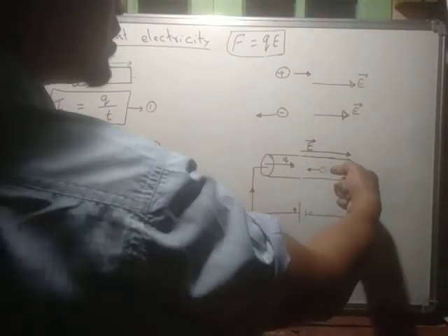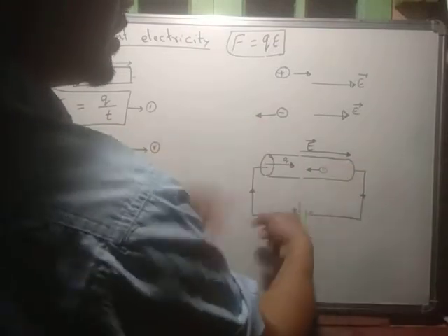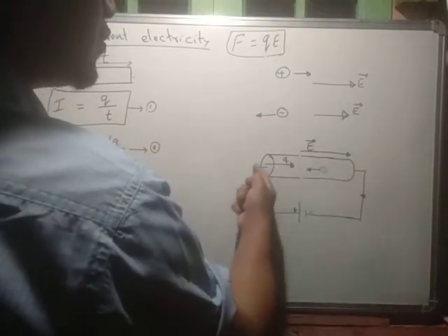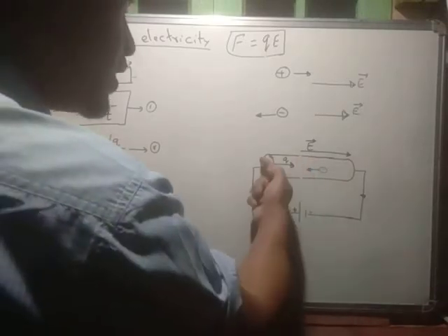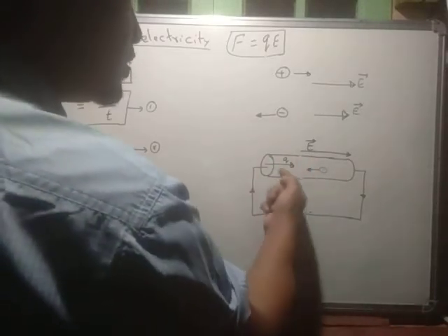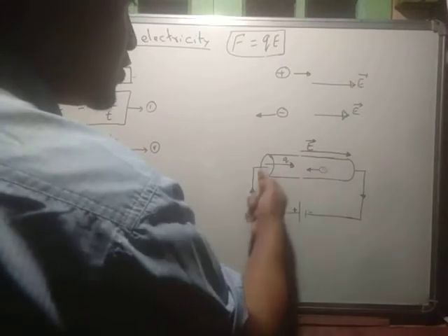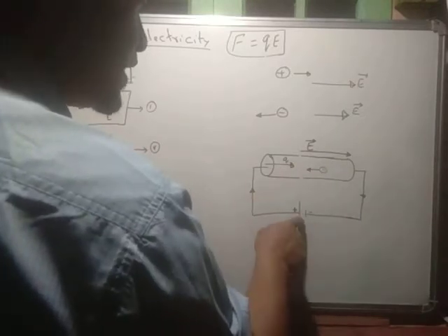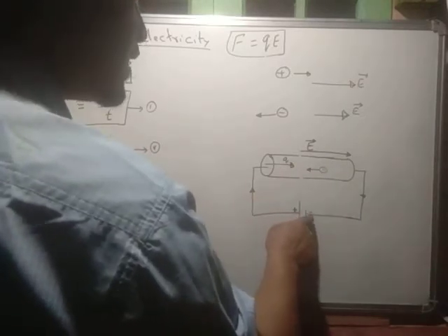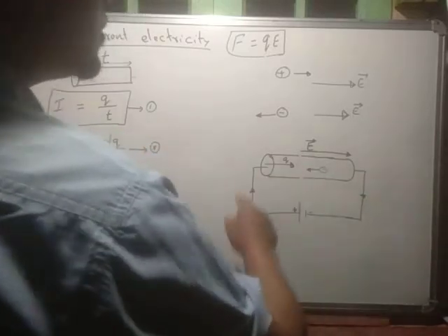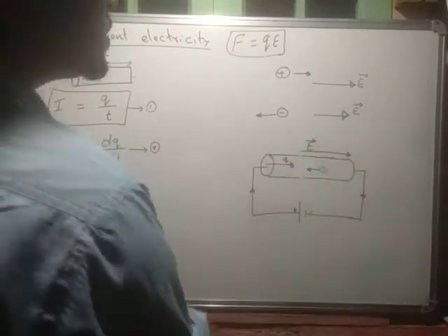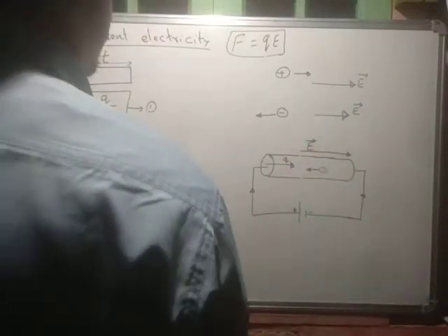So the electrons will be drifting towards the positive terminal of the cell. In this way, the electrons move from the conductor to the positive terminal, inside the cell from positive to negative, and again from the negative terminal back to the conductor. This continuous motion of electrons constitutes an electric current.